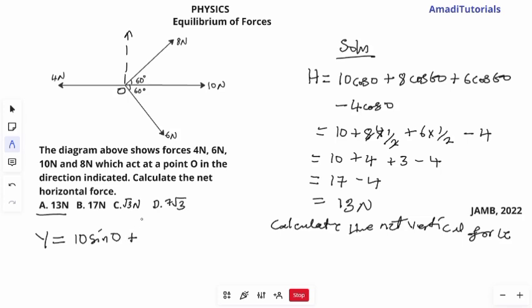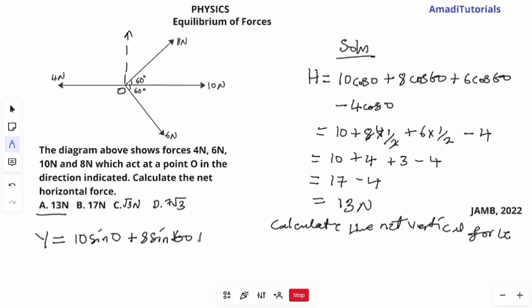plus, you resolve that of 8 sine 60. Okay, even if you choose to add this other 4 here, it will still give you 0, which is still meaningless.